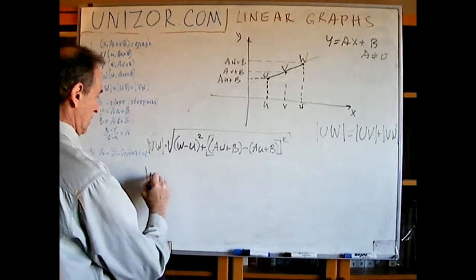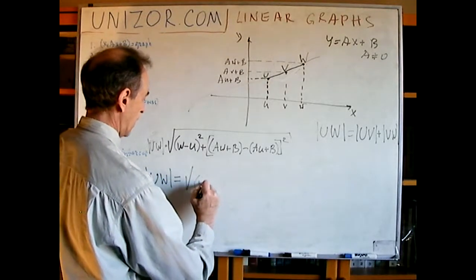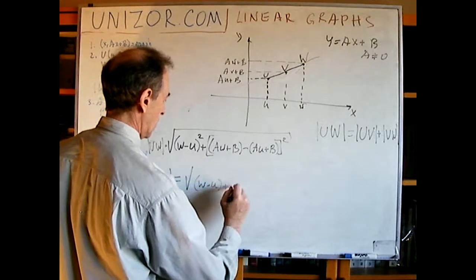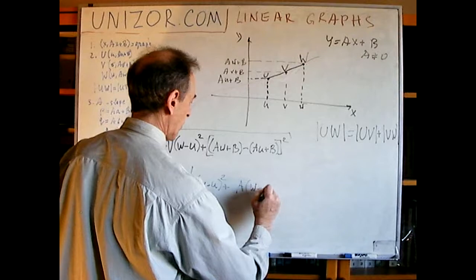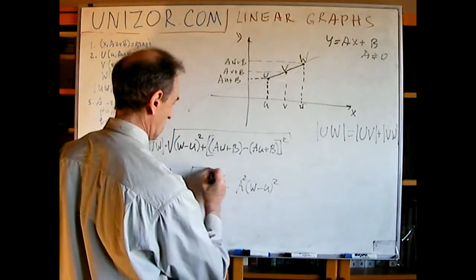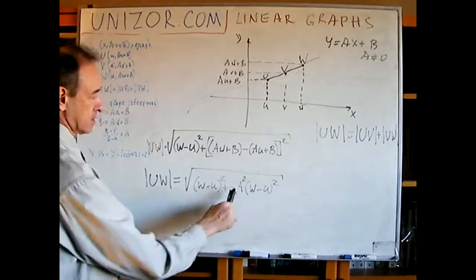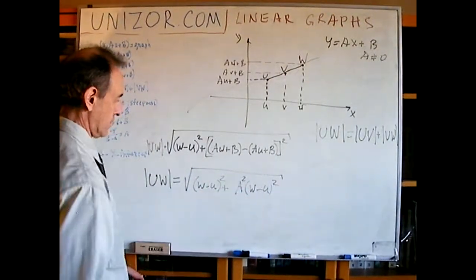So the UW distance is equal to the square root of (W minus U) squared plus (A times (W minus U)) squared. So I put a square here and a square here. Right? The square of this entire expression is the square of this times the square of this.